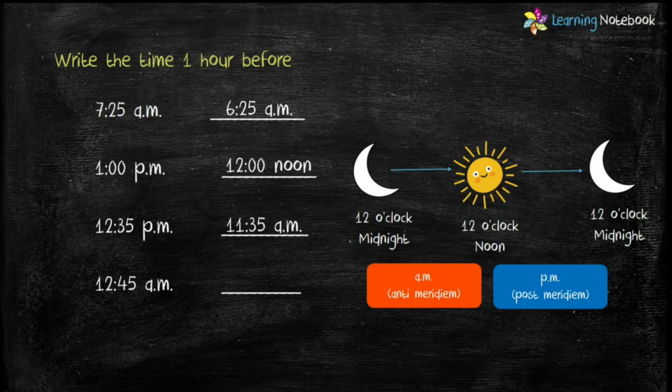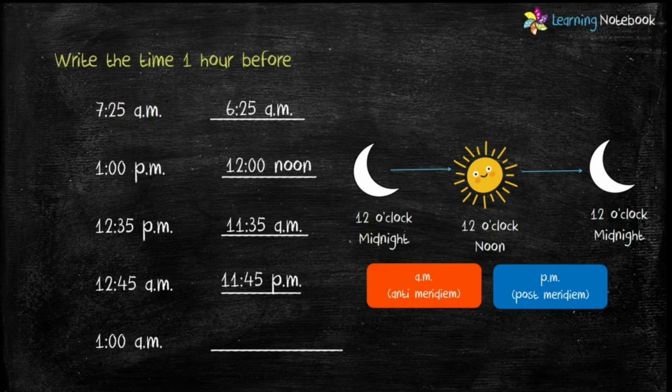Next is 12:45 AM. Again, hour before 12:45 would be 11:45 and 12:45 AM is after 12 o'clock midnight. So 1 hour before midnight it would be PM. Therefore, answer is 11:45 PM.